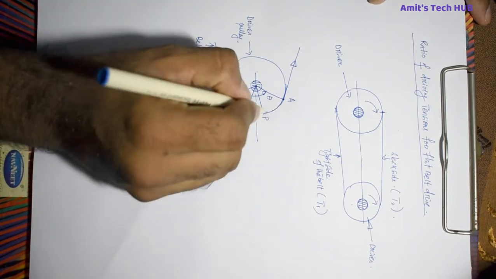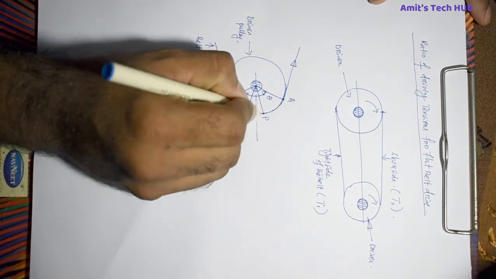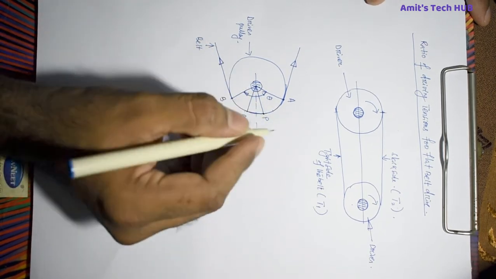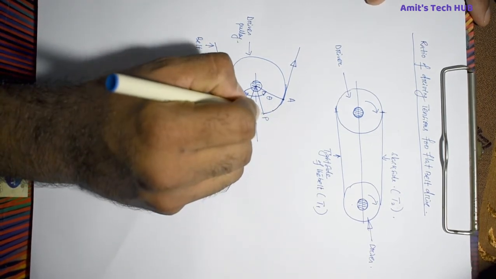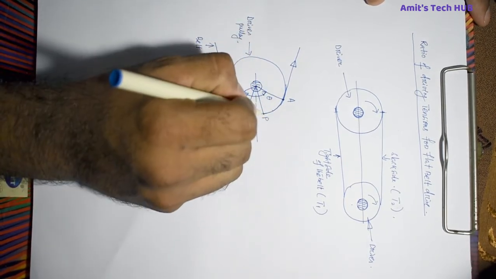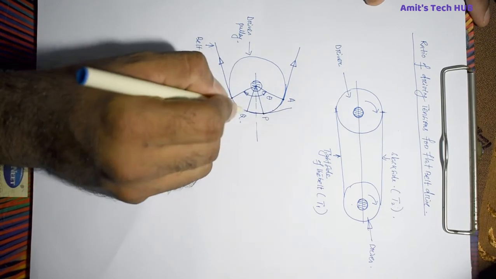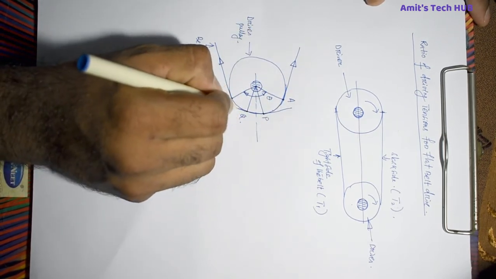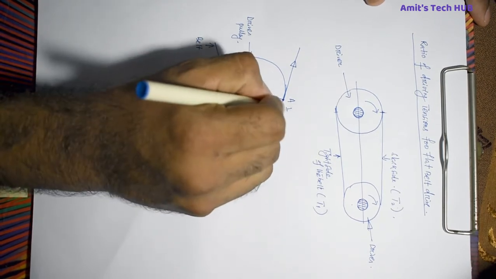Considering the small portion PQ, the tensions can be shown in this manner as tangents to the profile of the driven pulley.